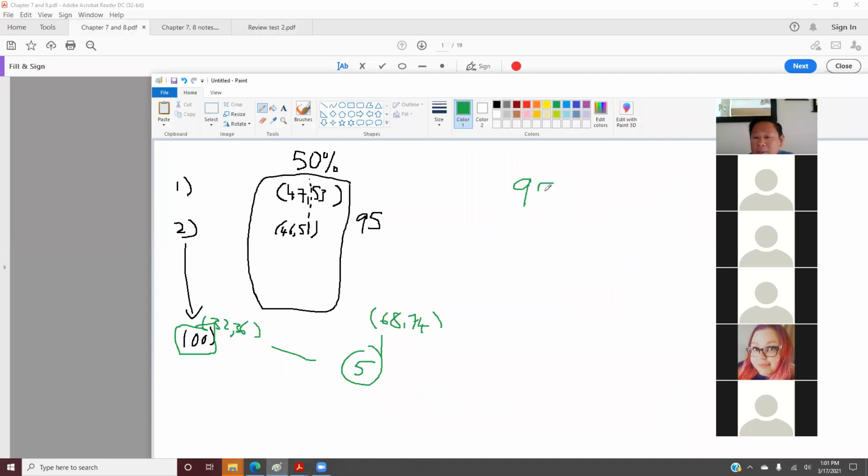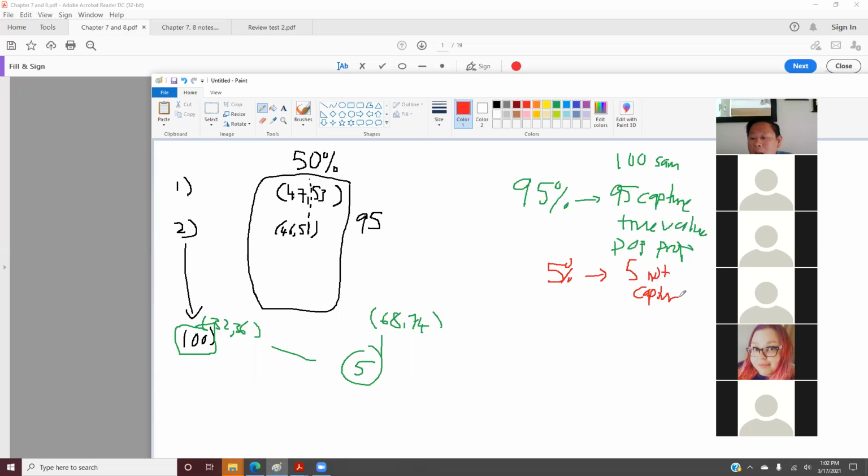When you have 95% confidence, it means that if I pick 100 samples, 95 of them will capture the true value of the population proportion. That means 5 of them will not capture it, because the total should be 100. When you talk about Democrat, Republican, or yes, no, or male, female, usually 50% is the number.